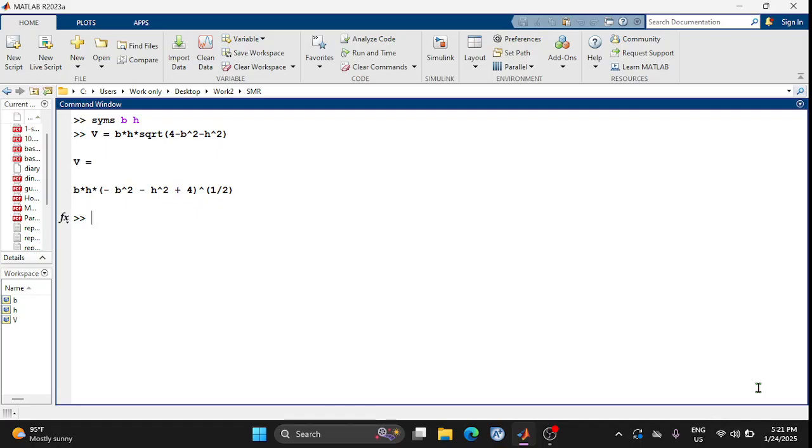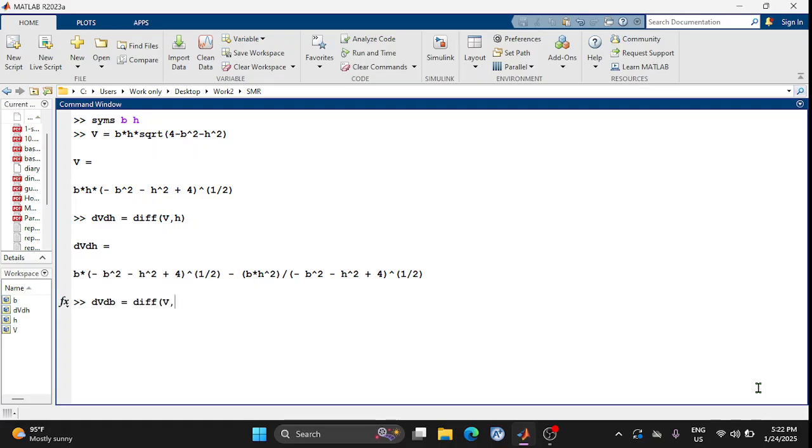And now our goal is to find the maximum volume with the breadth, height, and length. So let's find the first derivative of the volume with respect to B and H. In doing that, we have Vh, the diff of the volume with respect to H, and Vb, the diff of the volume with respect to B. That gives us this.